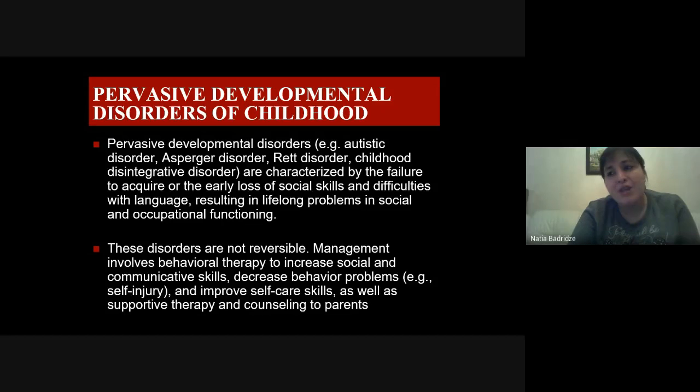But the major intervention with kids with pervasive developmental disorders are behavioral techniques, and especially ABA therapy, applied behavioral analysis, which is the evidence-based method to treat and to modify the behavior in pervasive developmental disorders.